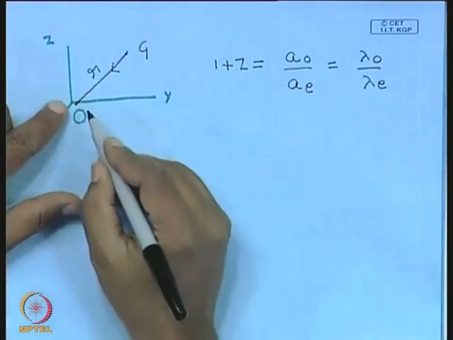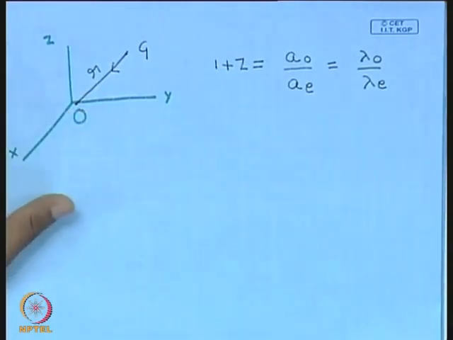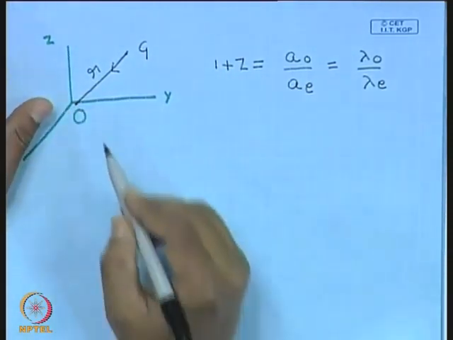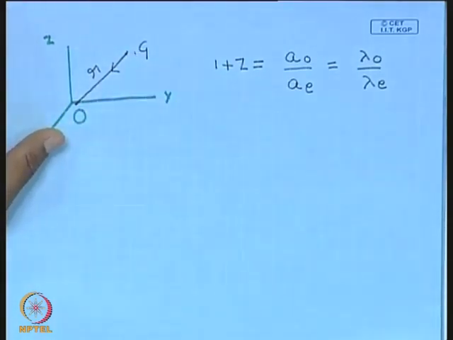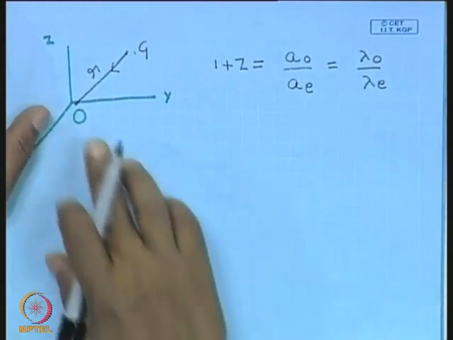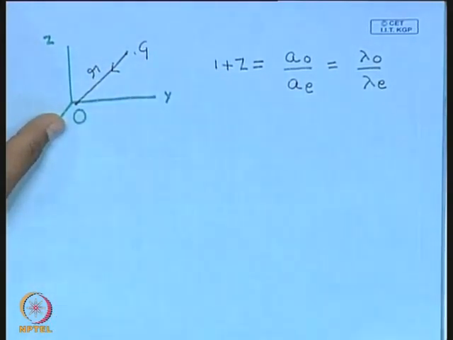Now an observer sitting here will not be able to measure the distance to the galaxy. The quantity that he will measure is the redshift. This is something I have already told you, that the redshift is the quantity that one can directly measure easily sitting on Earth.